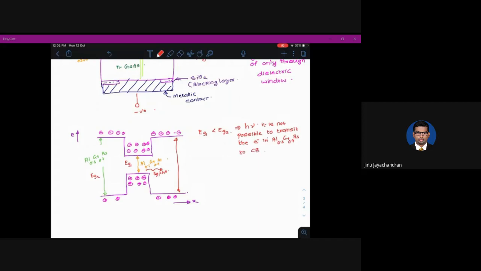The electron in aluminum gallium arsenide with 0.3, 0.7 composition cannot absorb this light and move to the higher band. The reason being it has a higher band gap, which needs higher energy. So there will be no absorption.